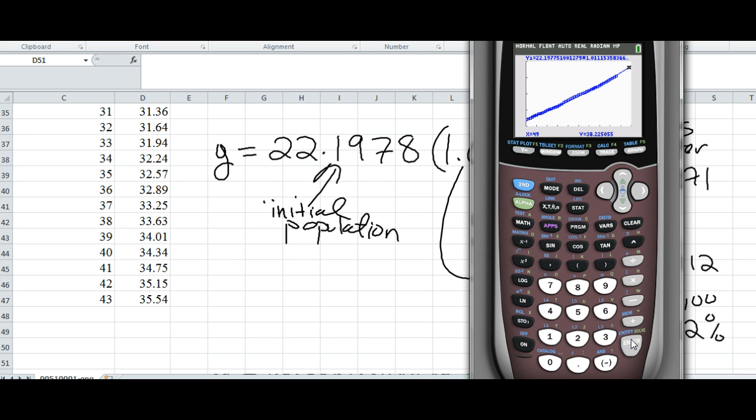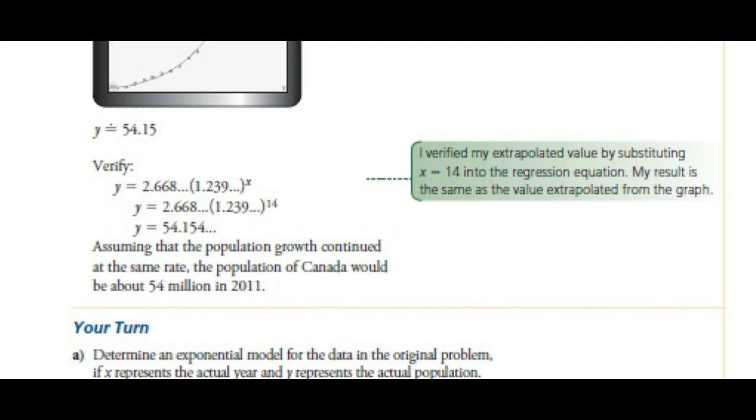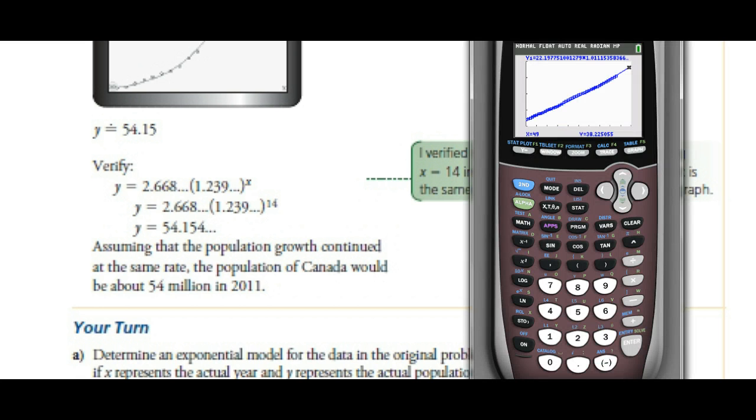Extrapolation says you need to mention something about assuming the growth rate continues at the same rate, right? Because the guys, when they did it over here, you're getting 54 million. So no, we're not, right? Not even close. So using this model, which may in fact be a little bit more accurate, because it's got a fairly slow growth rate, 1% per year.